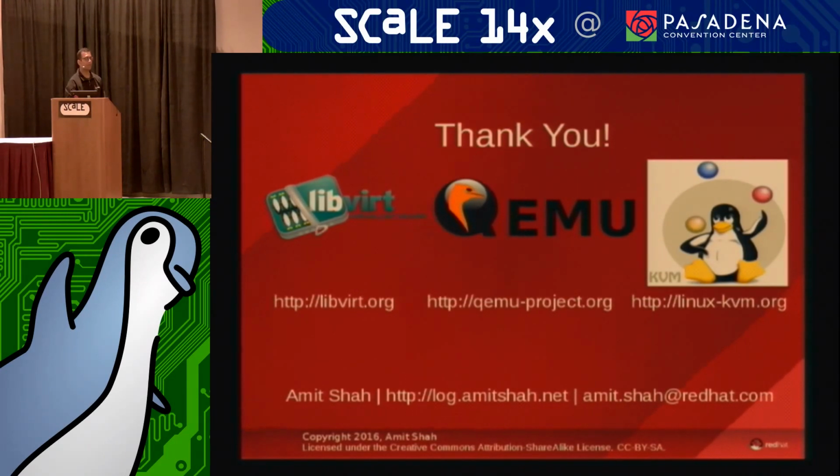Can you discuss some of the differences between the Type 1 and Type 2 hypervisors and the use cases where Xen would still be used versus where KVM would be superior? Yeah. I think the type 1 versus type 2 debate is purely academic.